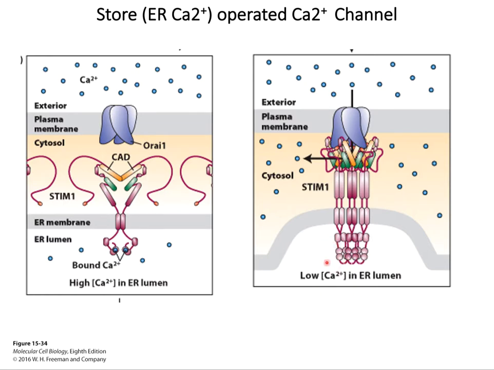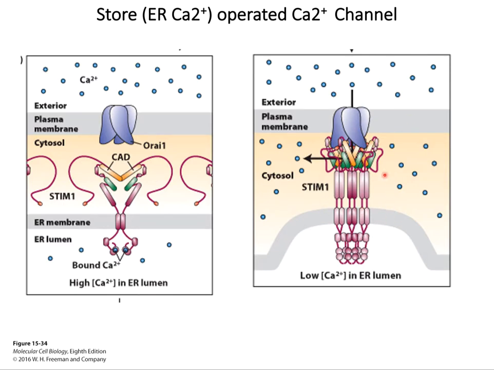So the ER calcium store gets depleted, and STIM1 will also lose the calcium. This triggers oligomerization of multiple STIM1 dimers and a drastic conformational change. Then STIM1 is relocated into the ER membrane, which is close to the plasma membrane.